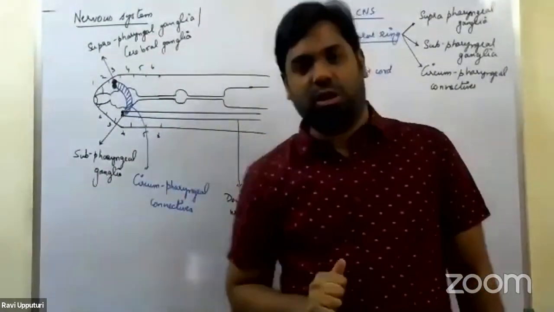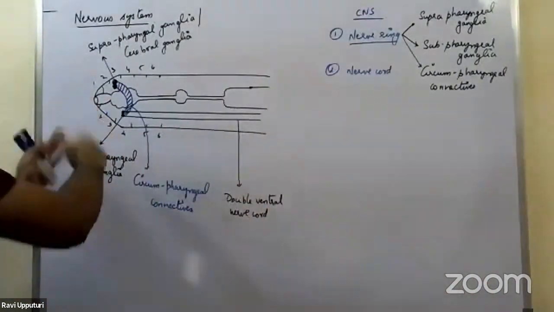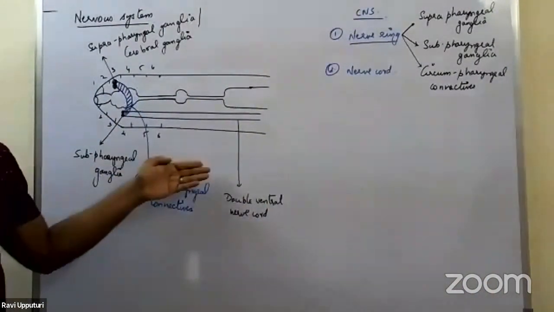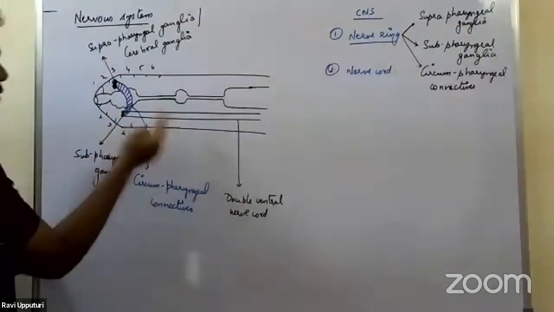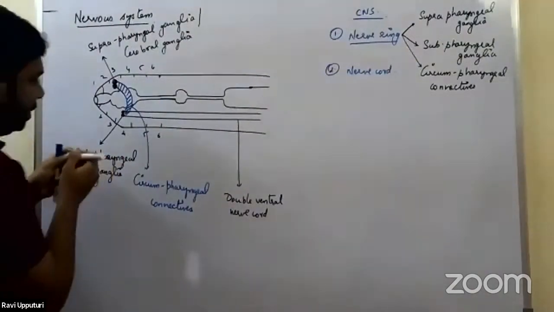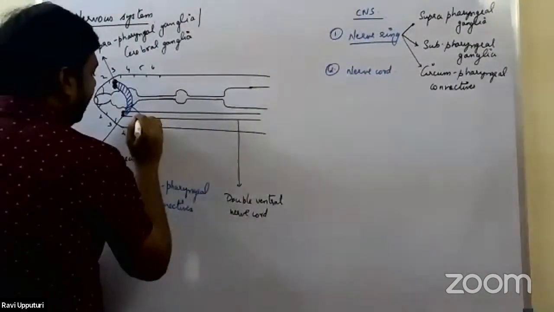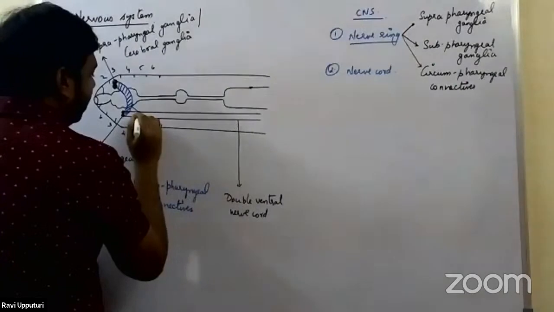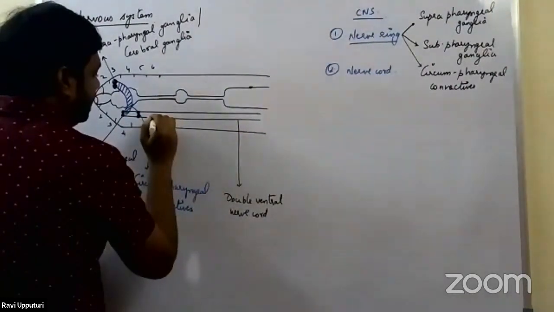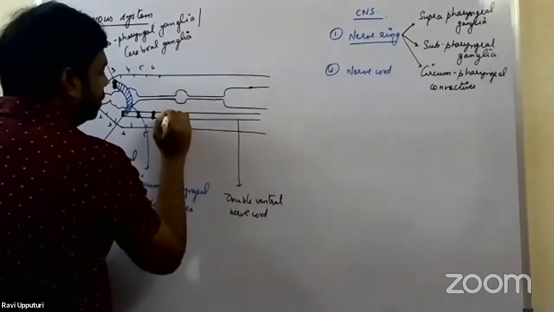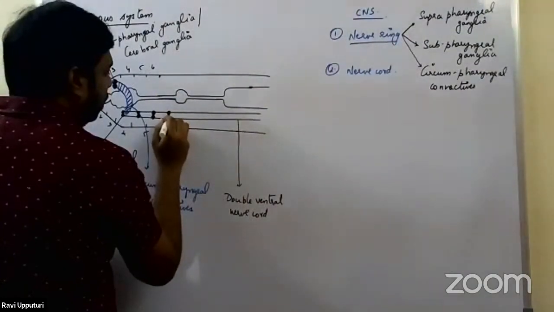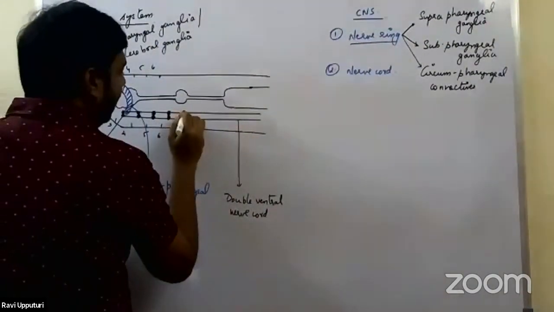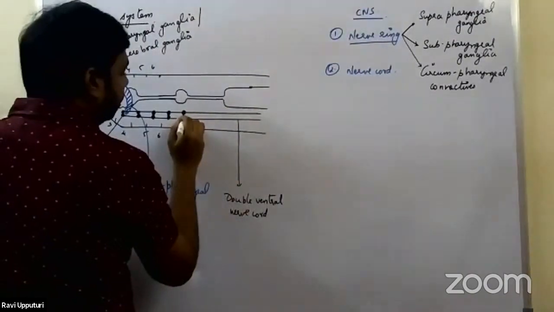And not only this, there is one more structure present. After the fourth segment, on the ventral side, on the double ventral nerve cord, that is from the fifth segment onwards, there are segmental ganglia. There are ganglia arranged like this. In each segment, starting from the fifth segment onwards, a pair of segmental ganglia arises.